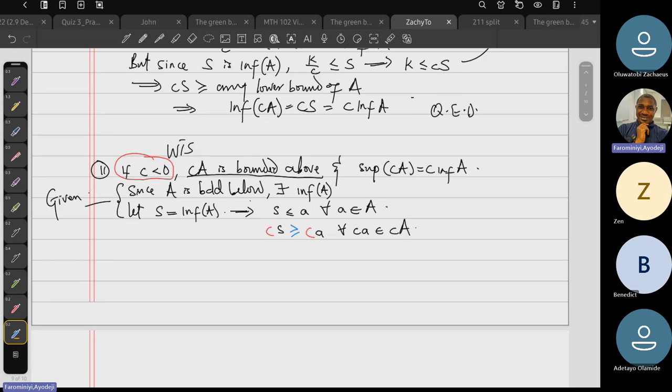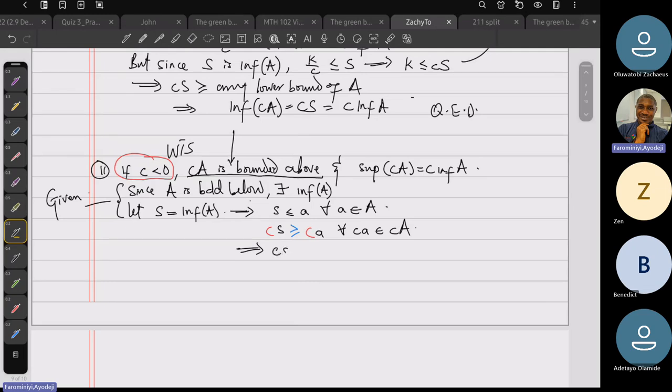What does that mean? It means CS is an upper bound of CA. Beautiful. So we have already gotten the first thing we need to prove.